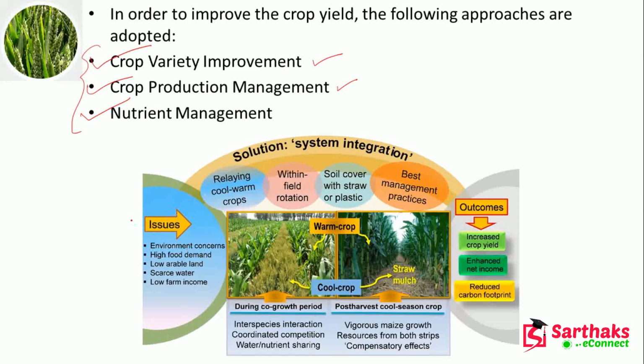All those things we have to consider at the time of crop production management. The result should be increased crop yield, enhanced net income, reduced carbon footprint. We should keep all these three points in mind whenever we are going to cultivate any crop.